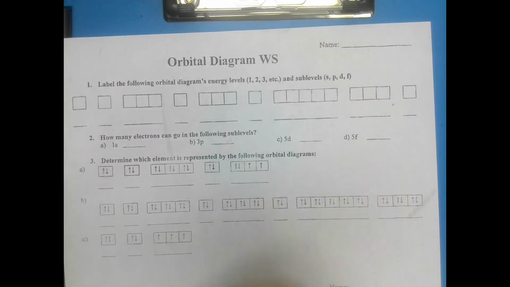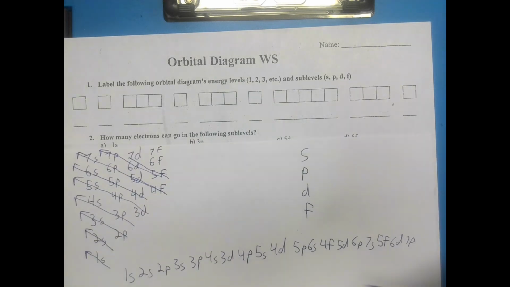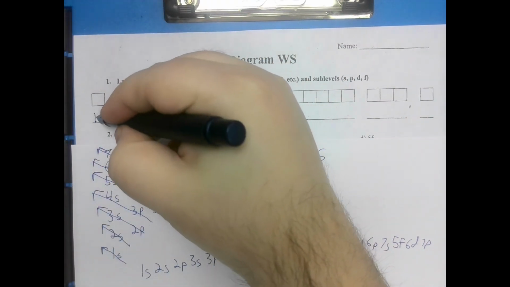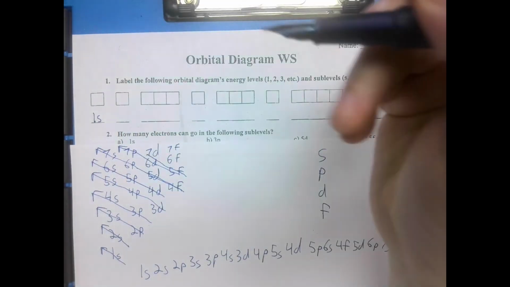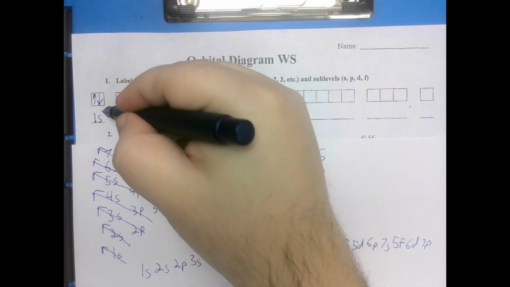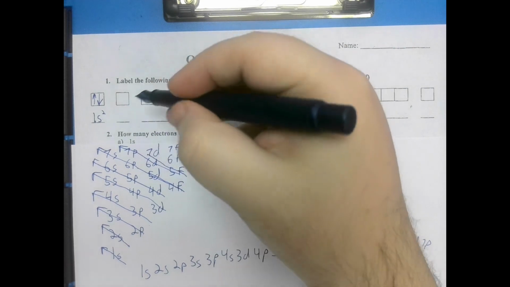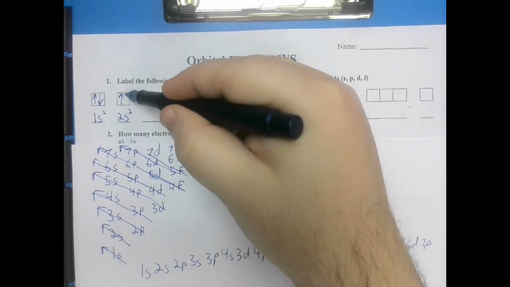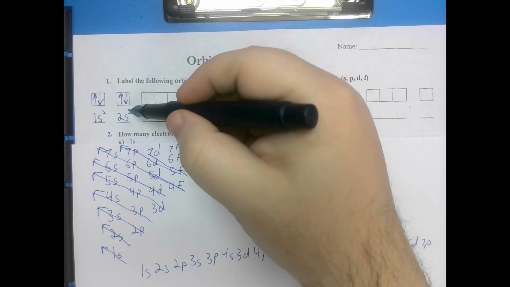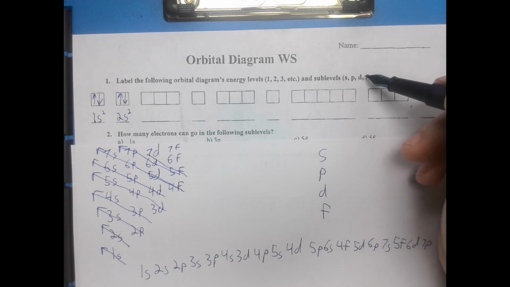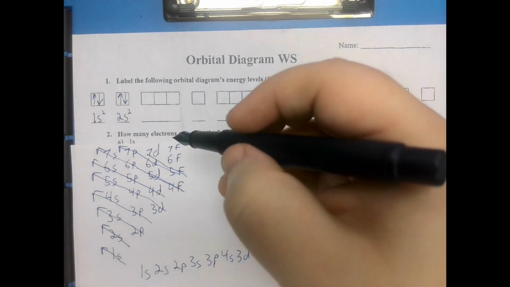So the correct order, once you know how to do this, is 1S. There will be 2 here. And technically you can write 1S2 if you're filling these in. 2S2 for the 2 electrons here. I didn't count off if you didn't put the numbers here or the arrows because it's only asking you for the SPDF and the levels.